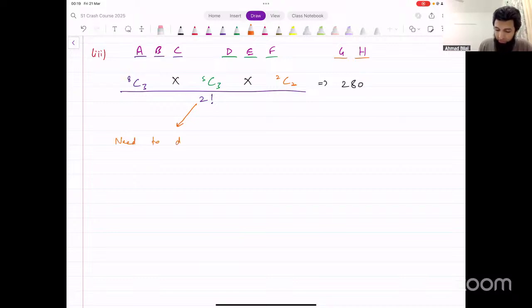We need to divide by 2 factorial because there are two groups having the same size.